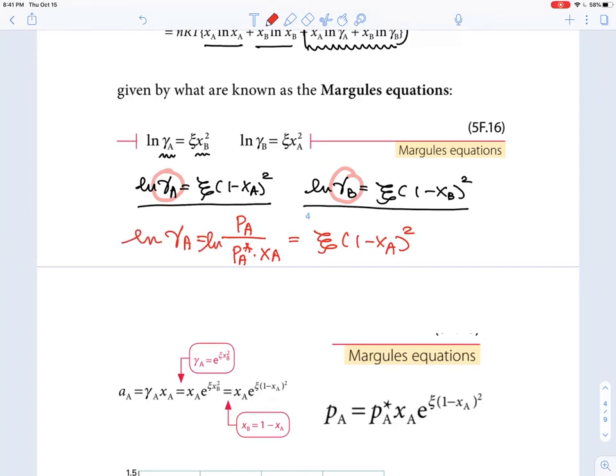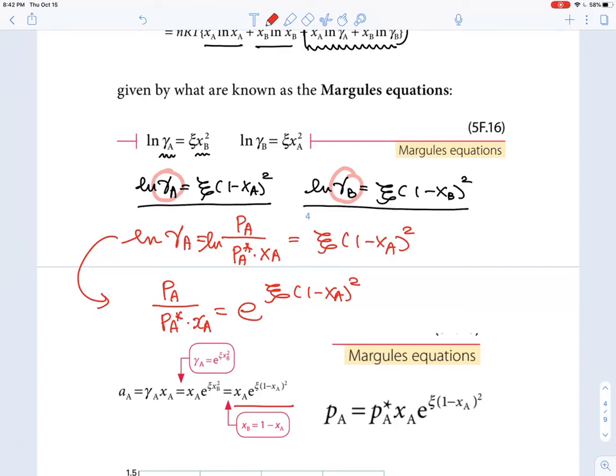So by doing so, the equation on top is going to be PA over PA star, the mole fraction of A, times the exponential of psi times 1 minus xa squared, and that's what you see here. Okay, that's what you see.